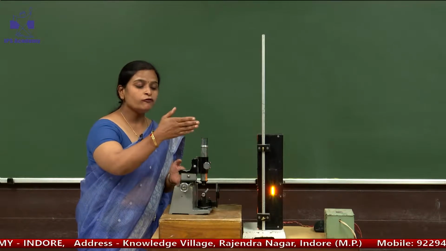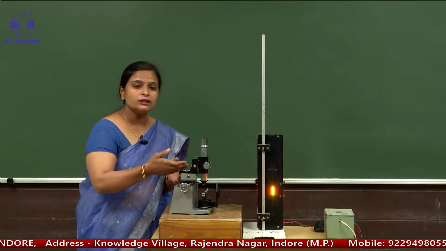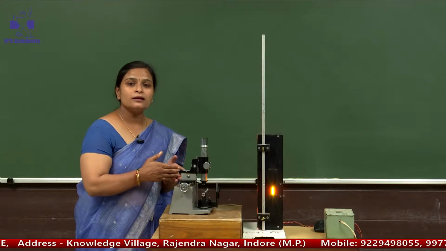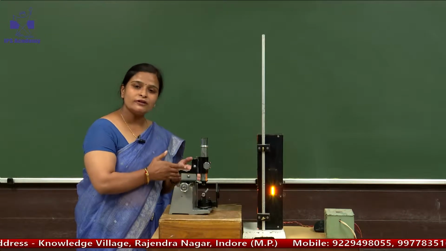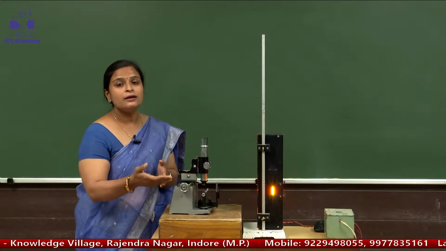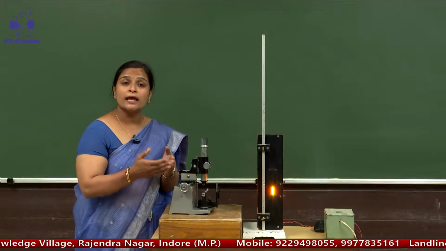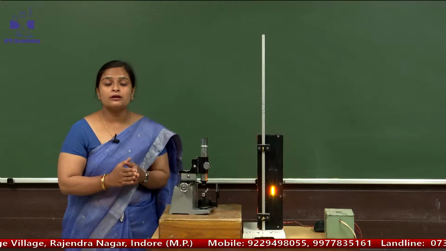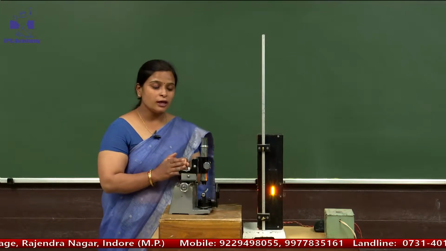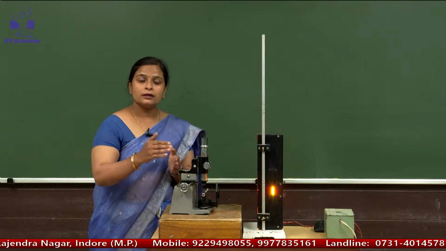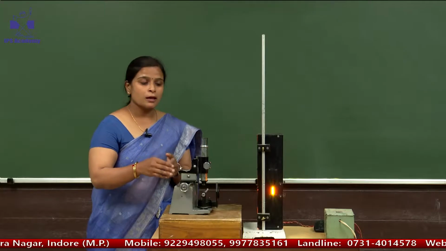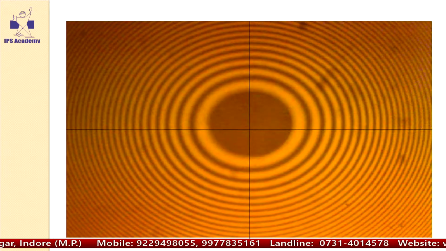With the help of this cross wire, by moving it, we can find the values at the left hand side of the ring and at the right hand side of the ring to calculate the diameter of the rings.